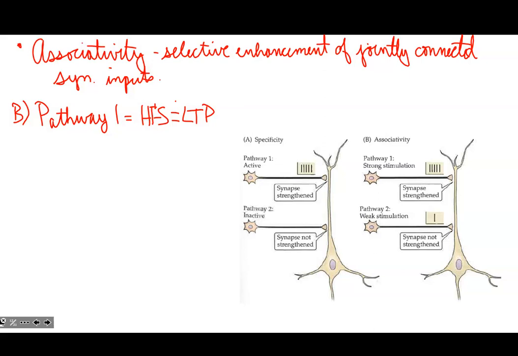But pathway 2 does not induce LTP when the presynaptic neuron is providing only weak stimulation.